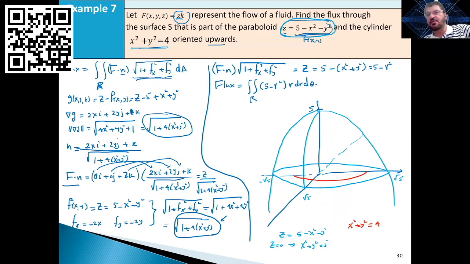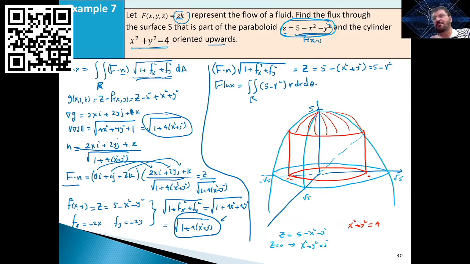This is a circle of radius 2, so this is 2 and negative 2. This circle is going to go up to create what? A cylinder. So the result here is the following. We will have this kind of dome on the top. And this is the surface that we're talking about.